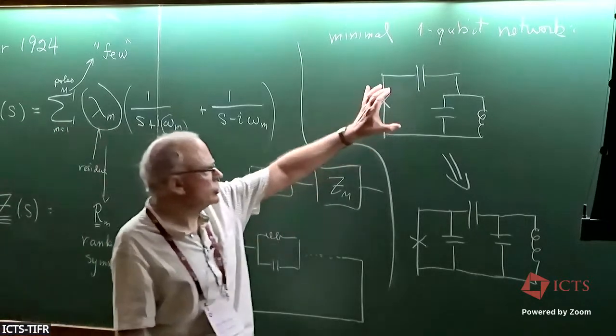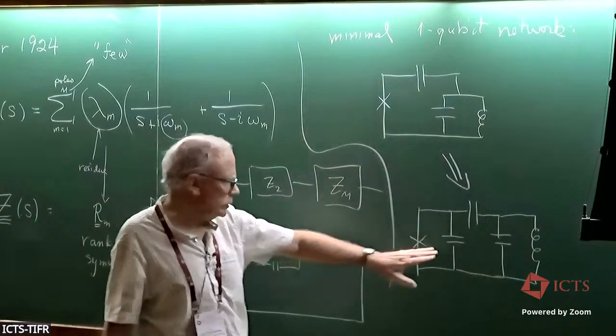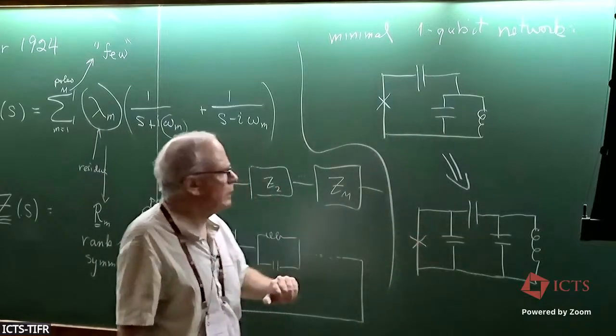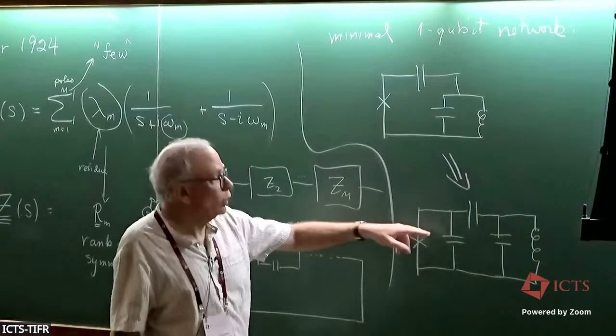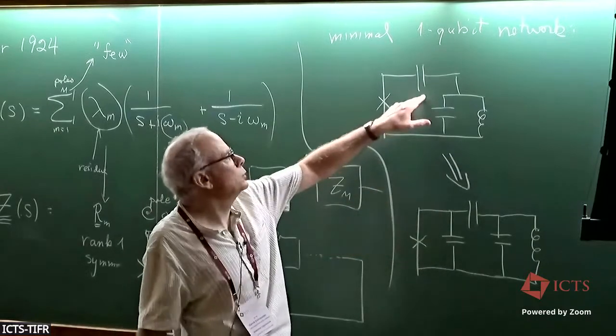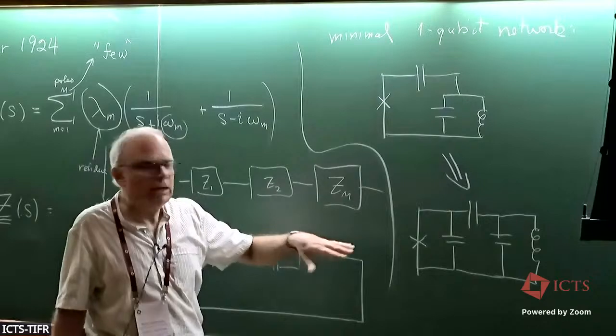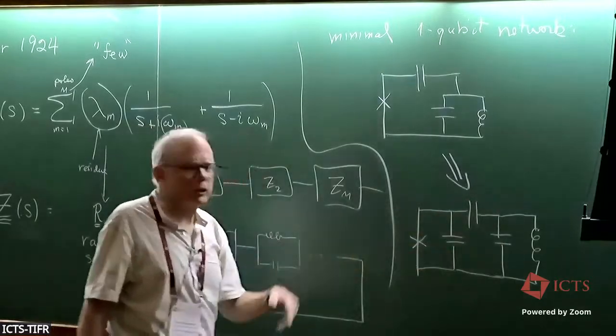And I can just say that these are equivalent in the sense that if you choose parameter values for these capacitances, because of Foster's theorem, they're always representable in this more minimal form. And then why do you bother using this non-minimal form?